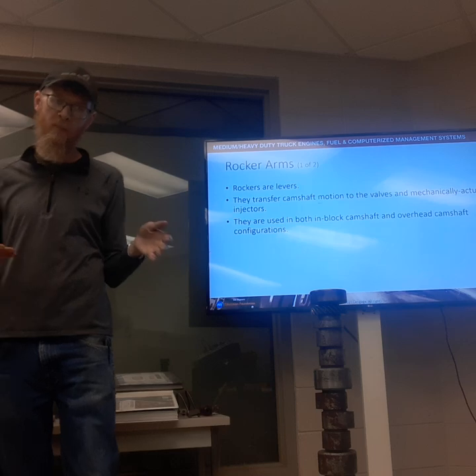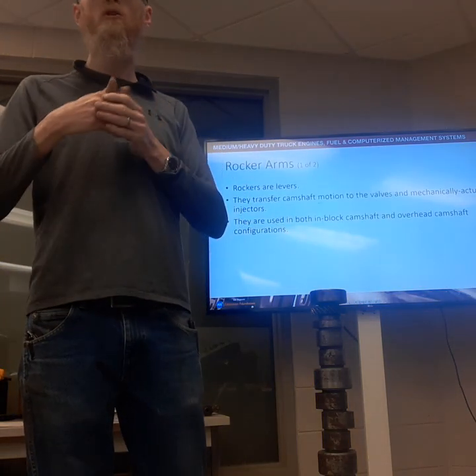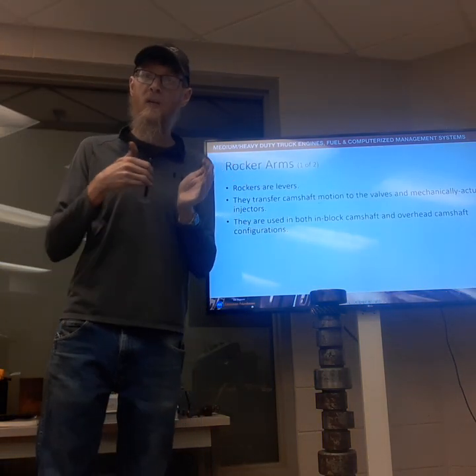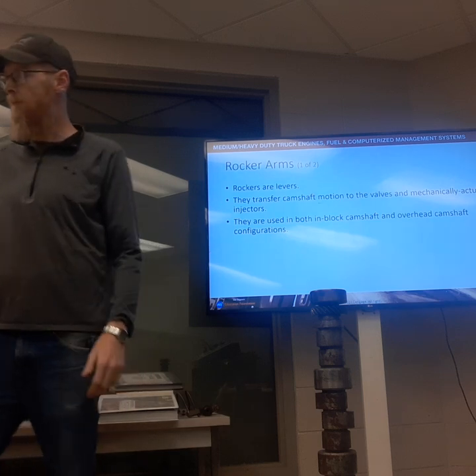More heat means more expansion, means that we need more space for those parts to expand without hanging the valves open.